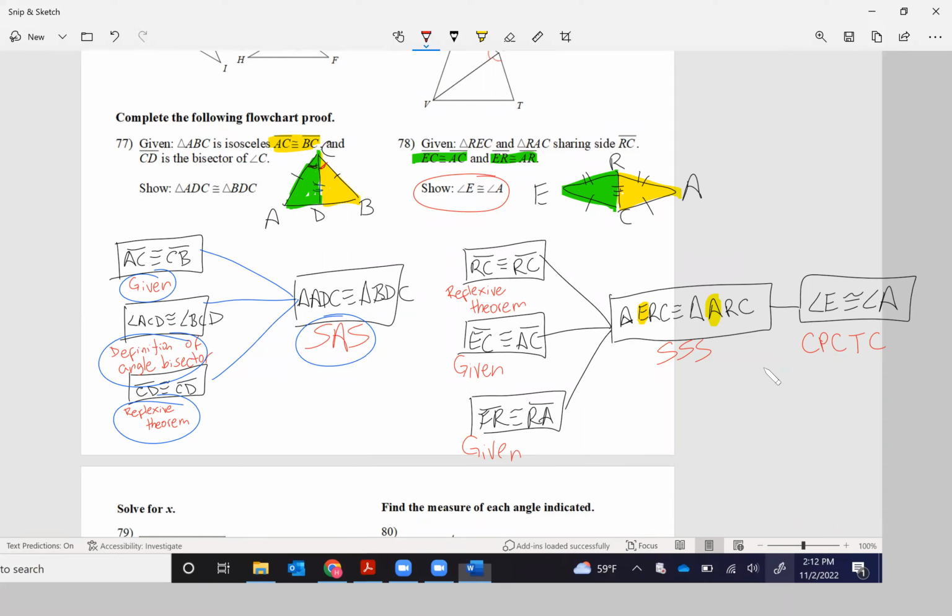So make sure you capitalize the first letter. When you're using congruence statements, like side, side, side, side, angle, side, capitalize the letters. And if you happen to use corresponding parts of congruent triangles are congruent, CPCTC, make sure you capitalize those letters as well.